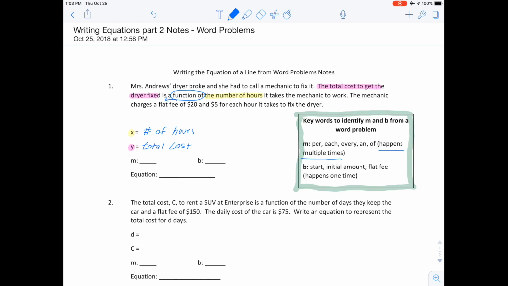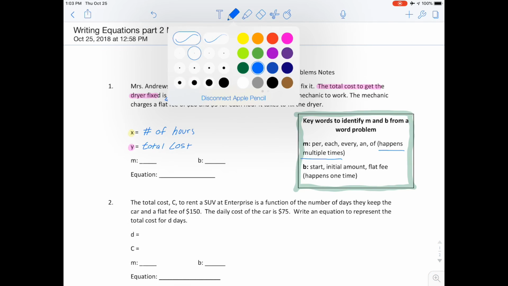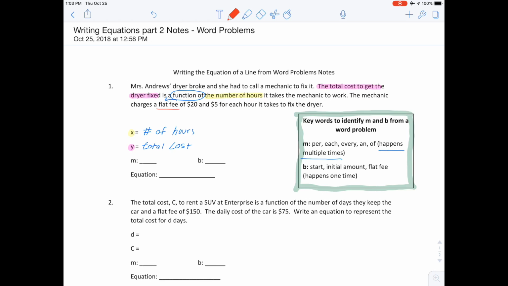So in this word problem, we have a flat fee of $20 is one thing, and then we also have $5 for each hour. So there's that word each. That's going to tell me my slope. And remember, hour is x, so if I'm talking about $5 for each hour, I would write that as 5x.